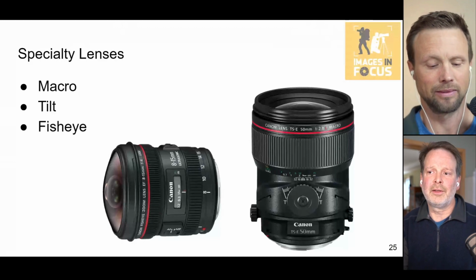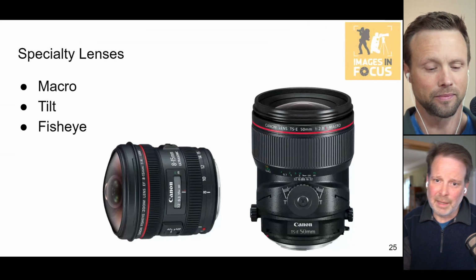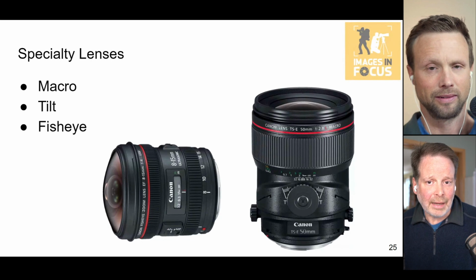There are lots of others, and you have these incredible macro lenses that can do 5 times magnification, very specialized kind of stuff. But we're not going to get into that in this episode.